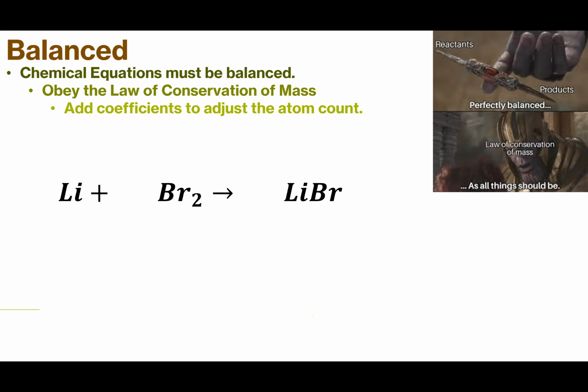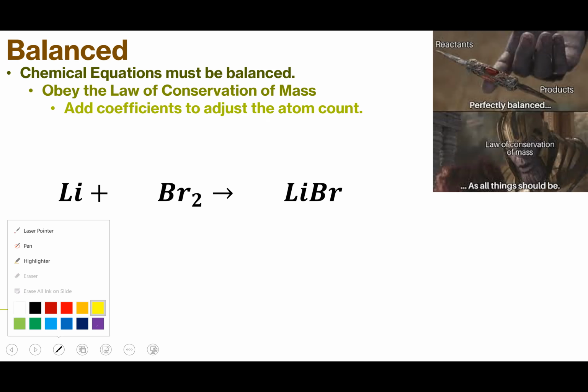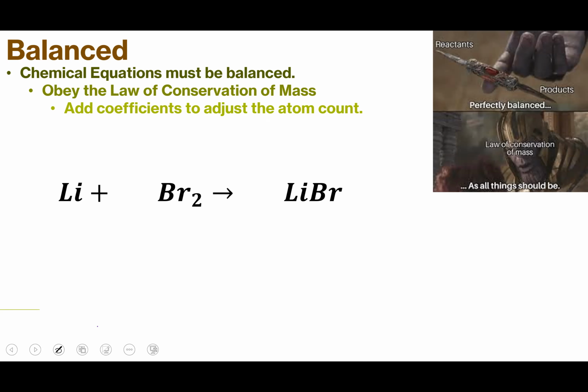When we look at this equation, we can see it's not balanced. We have 1 lithium on the reactant side and 1 lithium on the product side. That's okay. Our product side has 1 bromine, but our reactant side has 2. So we're going to need to balance it on the right side, with 2 bromines there.